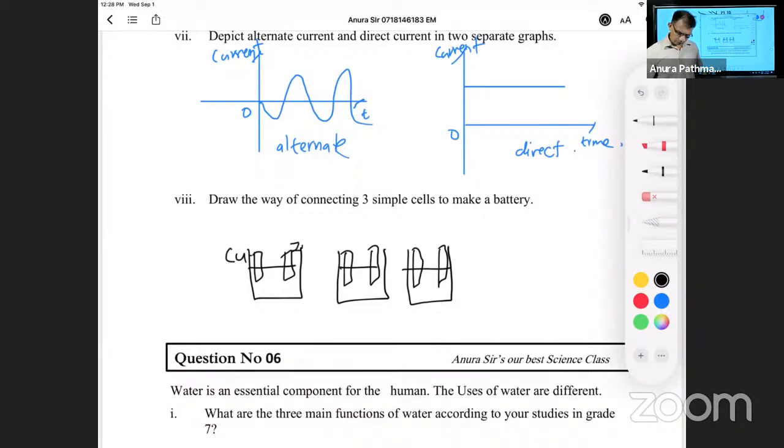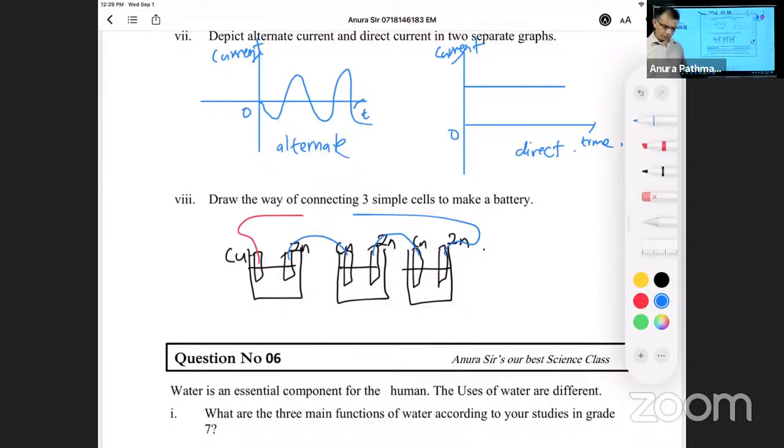Copper, zinc, copper, zinc, copper, zinc. You take copper out and then zinc to copper, and then zinc. That's how you should connect.